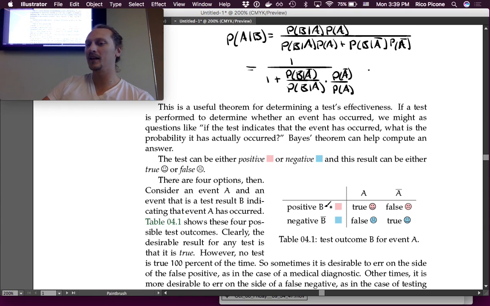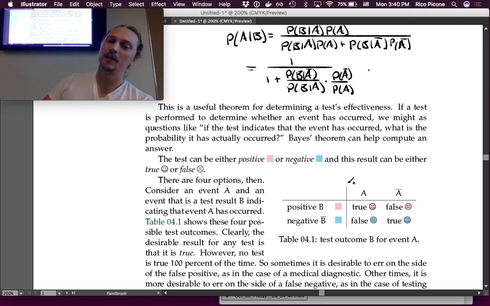The test can either indicate that the event has occurred, which would be a positive result, or a negative result would be that the event did not occur. That would be the test result. Then there's also the possibility that the event actually occurred, and the possibility the event didn't actually occur. So A, it occurred. A complement, it did not occur. All right, so those are the possibilities.